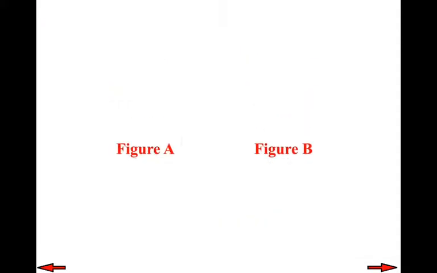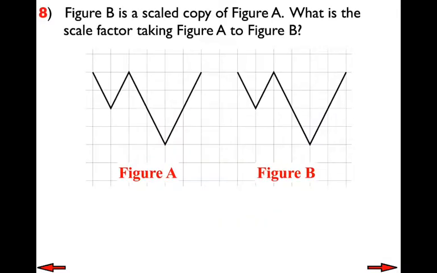All right, let's take a look at number 8. Pause the video, press play when you think you have it. All right, now notice in number 8, this is the first time we've seen one like this.